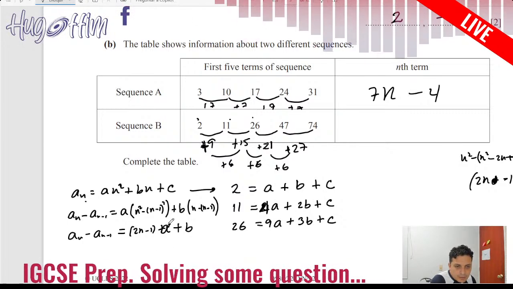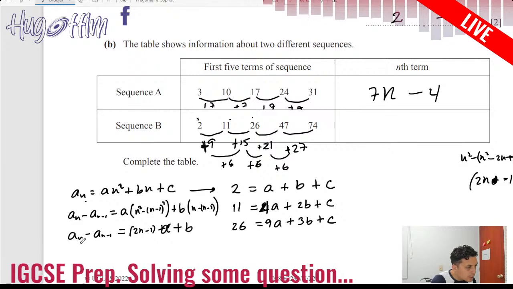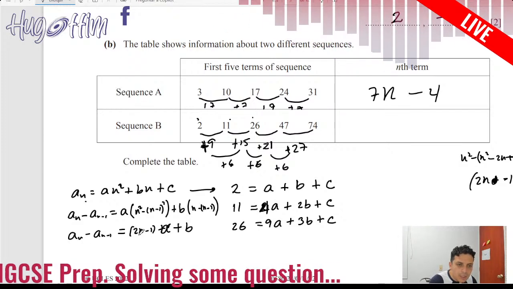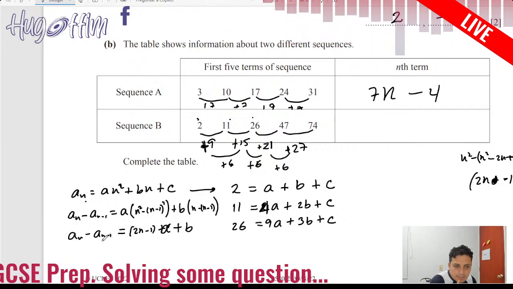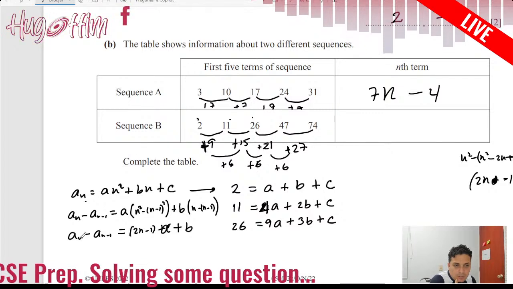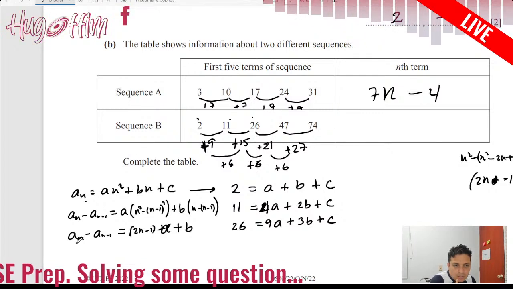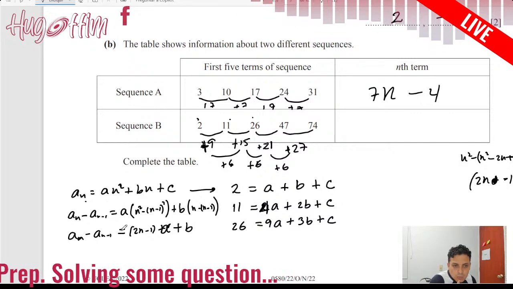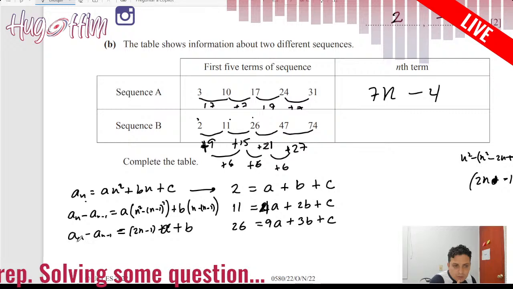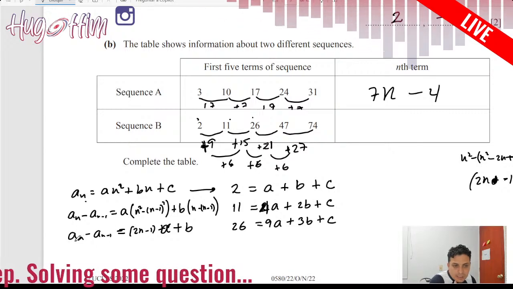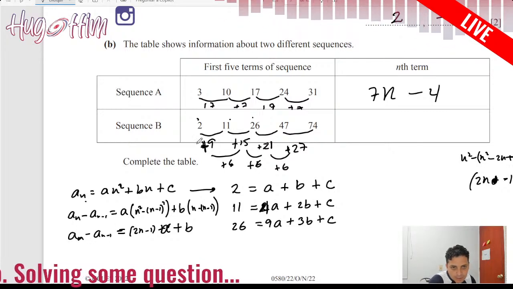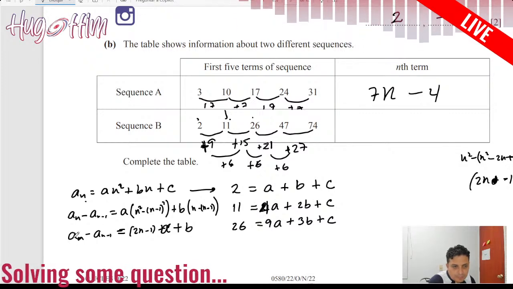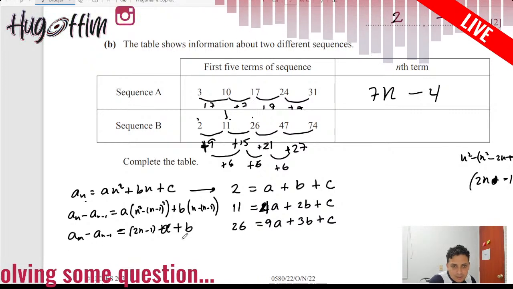And the second difference is just by doing the difference again, the second difference in the nth position.